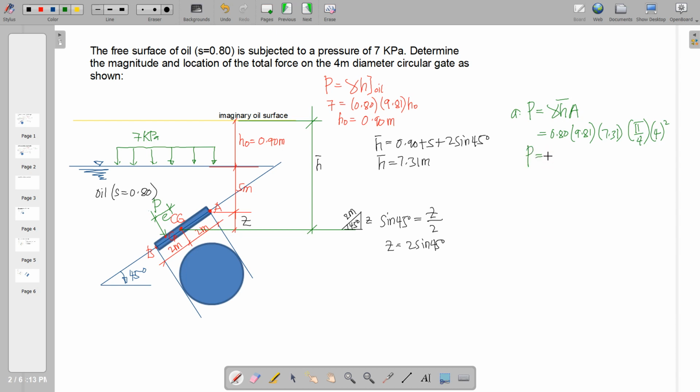Hence, we can solve for P equal to 721.33 kilonewton. So this is the magnitude of the force on that gate.